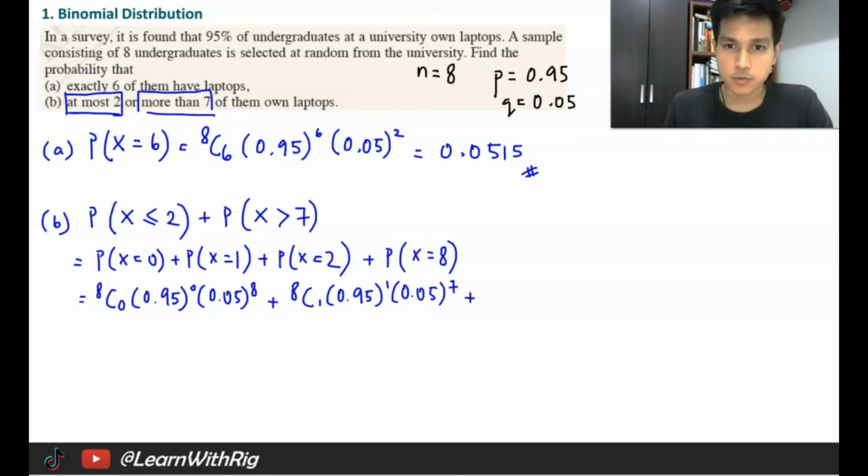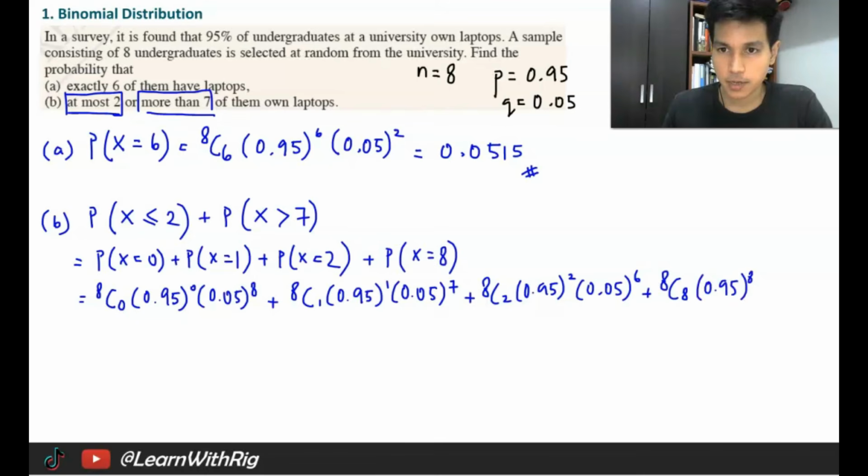When x equals 2, you get 8 choose 2, 0.95 power 2, 0.05 power 6. Lastly, 8 choose 8 times 0.95 power 8 times 0.05 power 0.